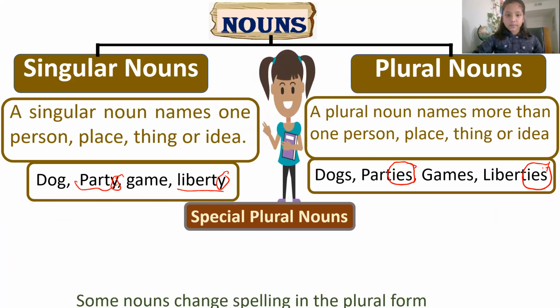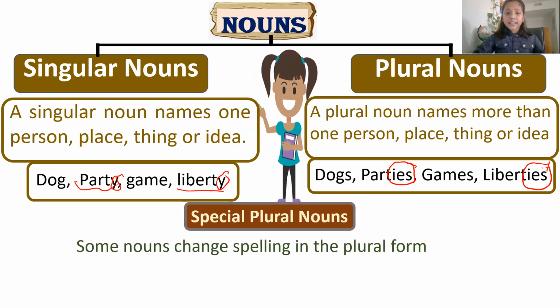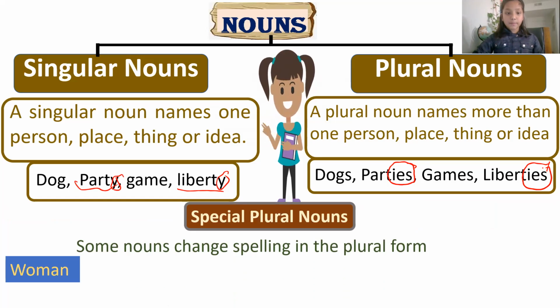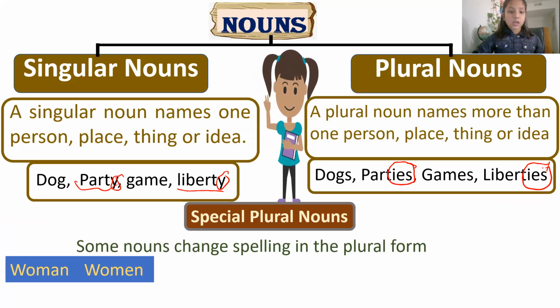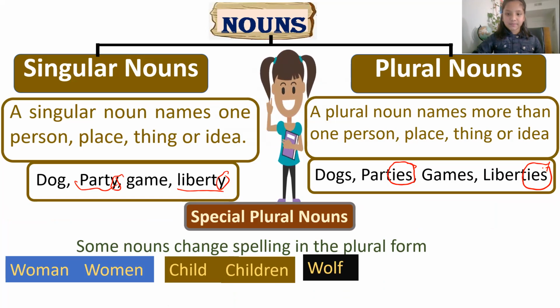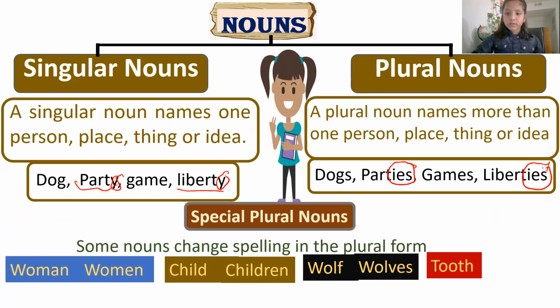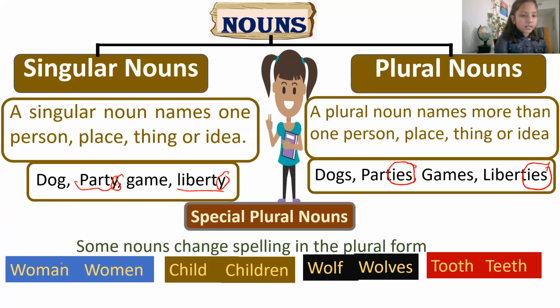Special plural nouns. Some nouns change the spelling in plural form, like woman, women, child, children, wolf, wolves, tooth, and teeth. As you can see here, in singular, there's an A in woman, but in plural, there's an E, women.